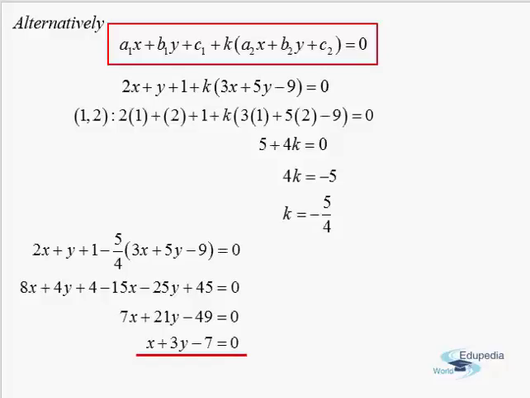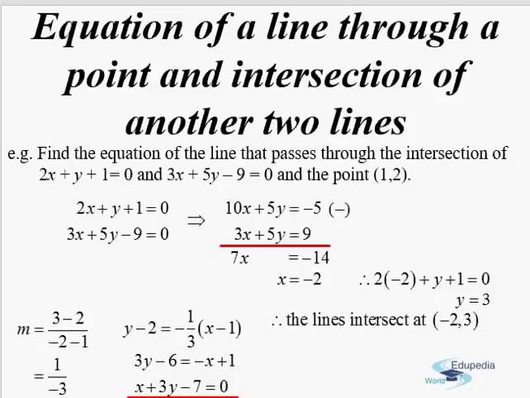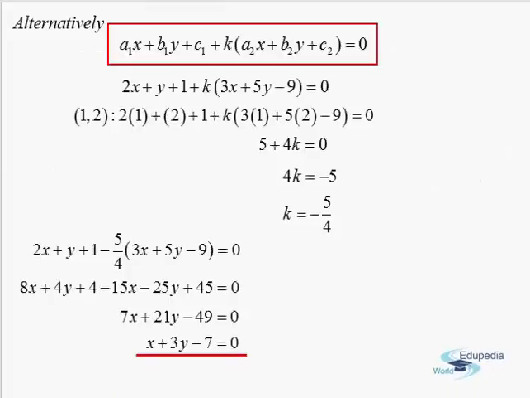Now if you go back to our previous slides, we'll see that this is the same answer: x plus 3y minus 7 is equal to 0. So basically you can solve it by either method, but if you were to ask me which method to go about, I would say go about the method of finding first the intersecting point, then you solve for the gradient, and then you find the equation.